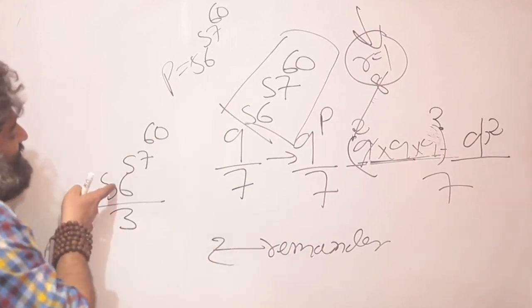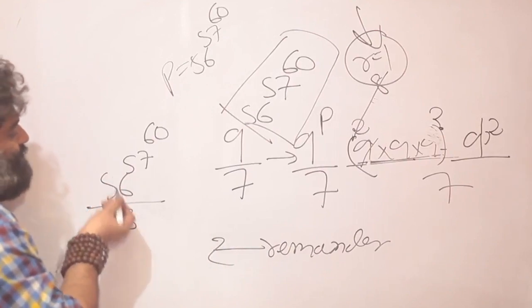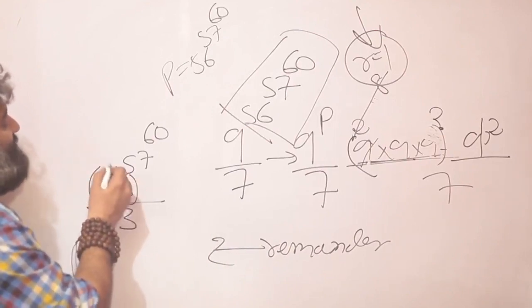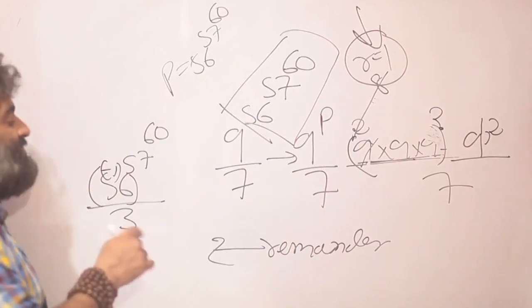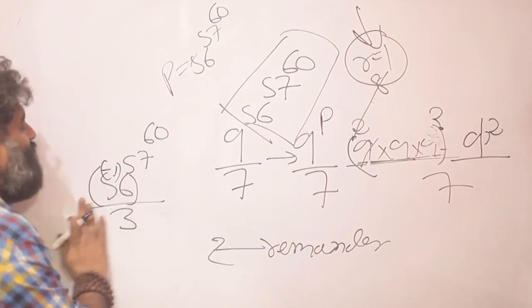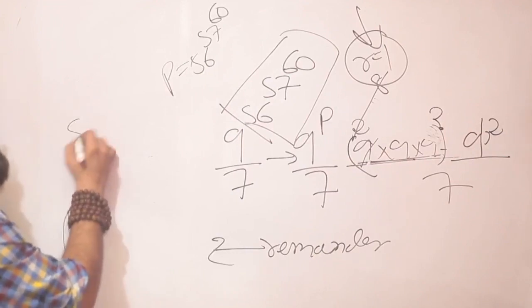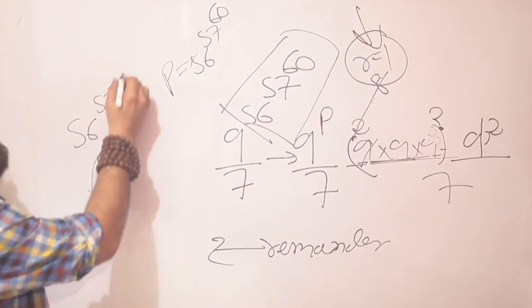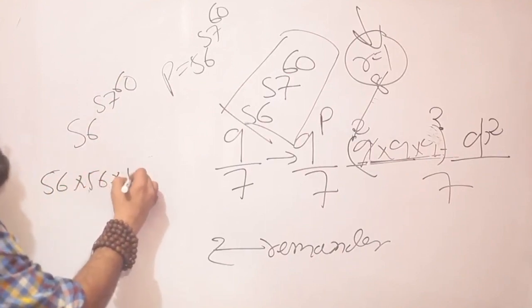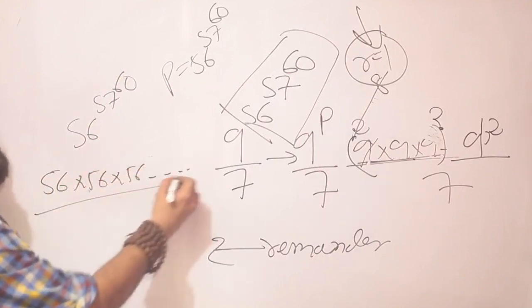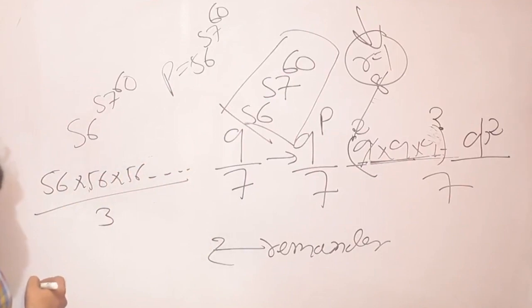Now as I divide this by 3, I know 56 will give me a remainder of minus 1, right? 3 19s are 57. If I write 56 raised to 57 raised to 60, what does it mean? A lot of 56s, all of them being divided by 3.